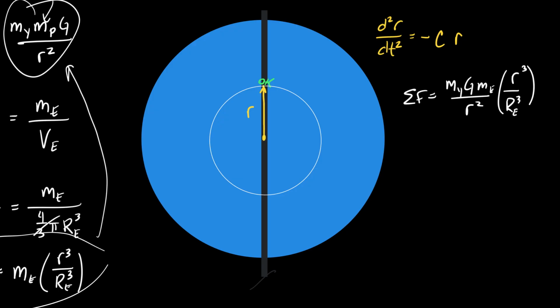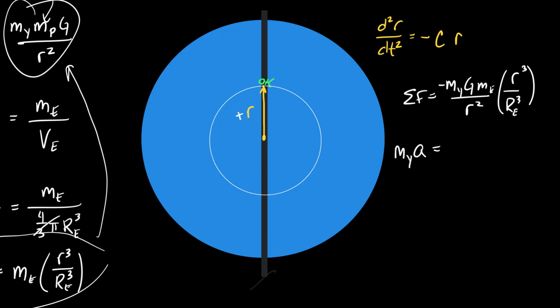All okay? A little bit of math there. I will say, too, that if r is positive, then this force is negative. Right? It's pulling down. We are a positive distance away from the center. So the force is in the negative direction. Everybody okay with that too? All right. This has to equal the mass of you times, well, the acceleration.